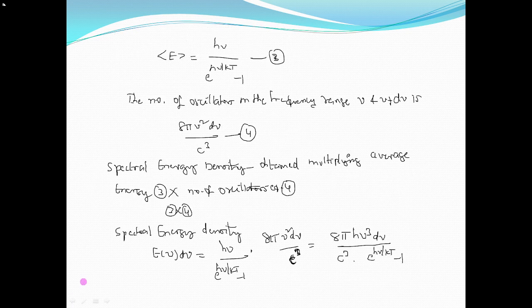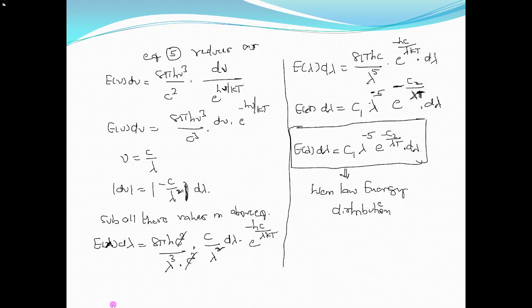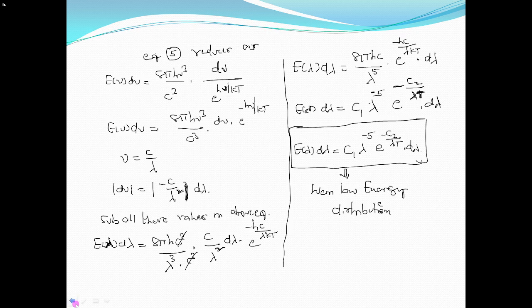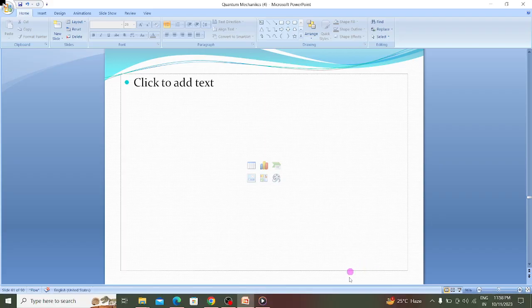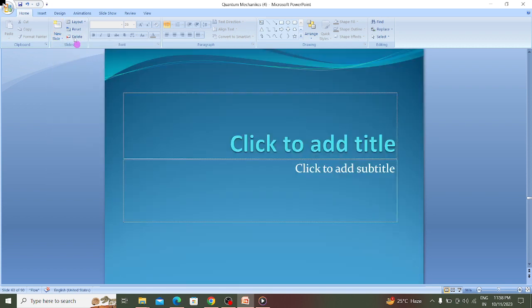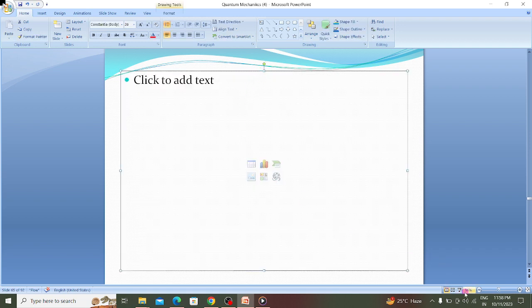Now we'll check for longer wavelengths. For longer wavelengths, that is Rayleigh-Jeans law.